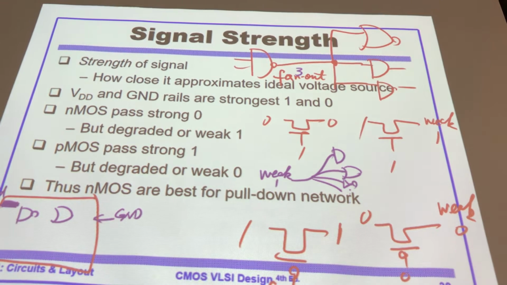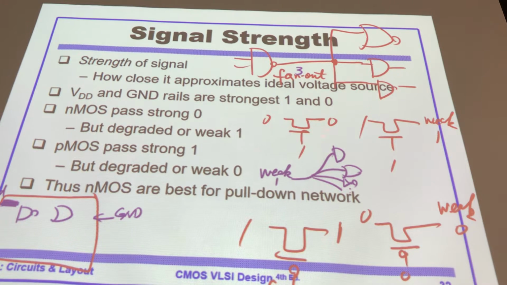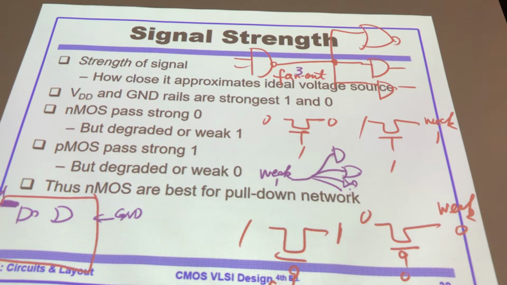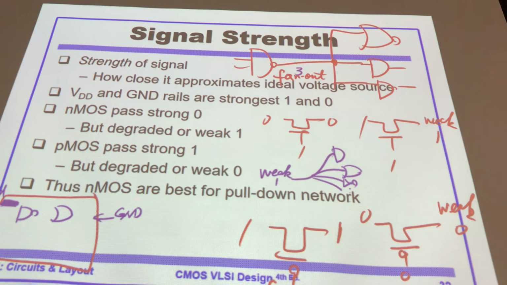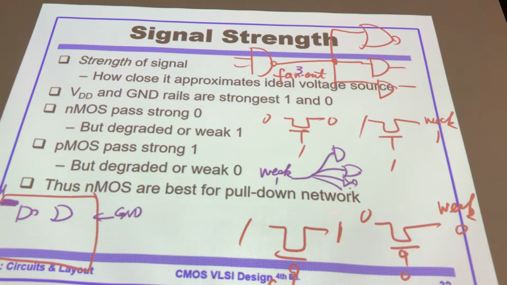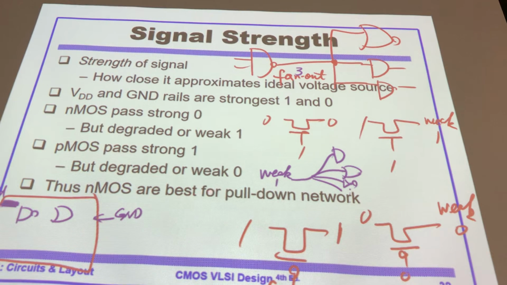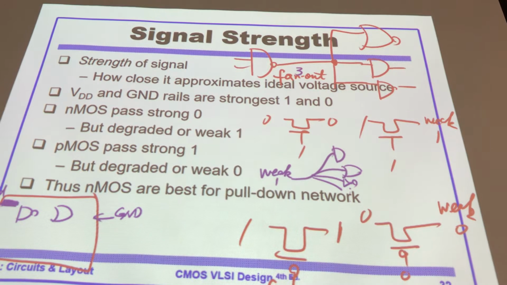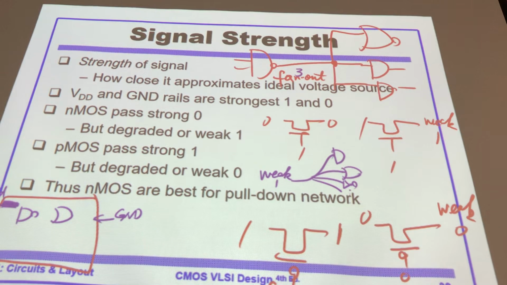Signal source determines what direction for NMOS transistor and PMOS transistor in this case. And that's also why NMOS transistor is good for pull down network, and PMOS transistor are good for pull up network. Pull up trying to conduct signal 1. Pull down trying to conduct signal 0, right? Any question?